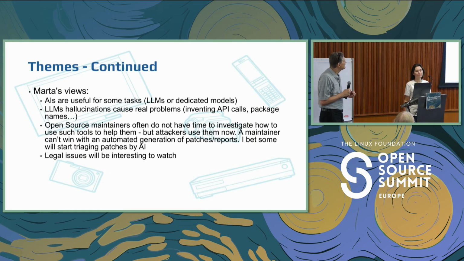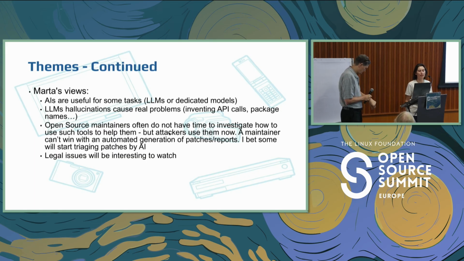On my views, I've seen LLMs causing real hallucination problems, especially security related, like inventing API calls or inventing packages that do not exist, and allowing an attacker to create a package with such a name, and well, bad things happen.